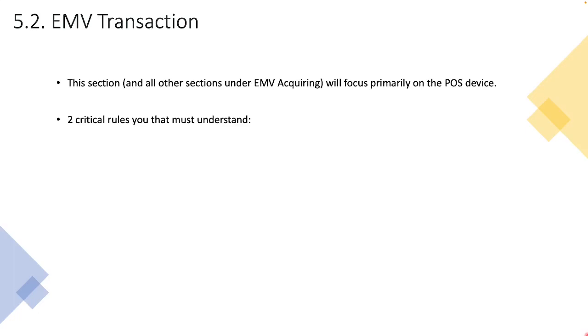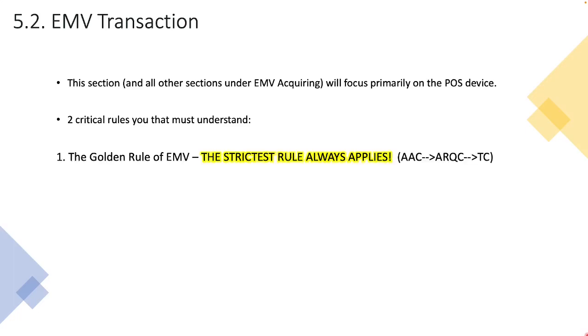Okay. There are two critical rules that you should understand before we start the actual transaction. The first one we refer to as the golden rule of EMV. The golden rule of EMV states that the strictest rule always applies. What this means is that in an EMV transaction, we always look for a reason to decline a transaction first, an AAC.